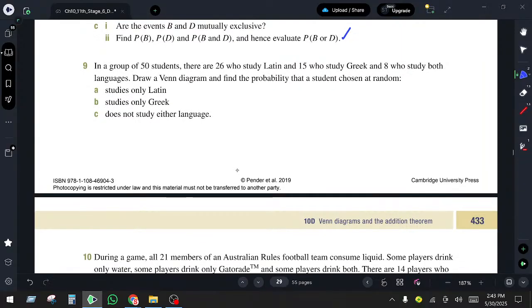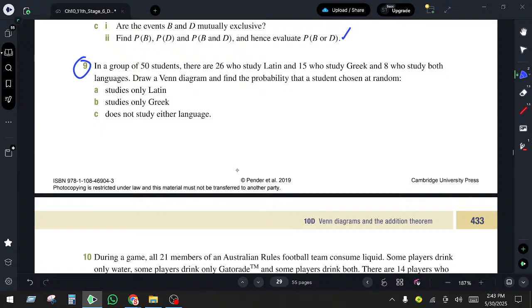Can you read this ninth question? In a group of 50 students, there are 26 who study Latin, 15 who study Greek, and 8 who study both languages. Draw a Venn diagram and find the probability that a student chosen at random.